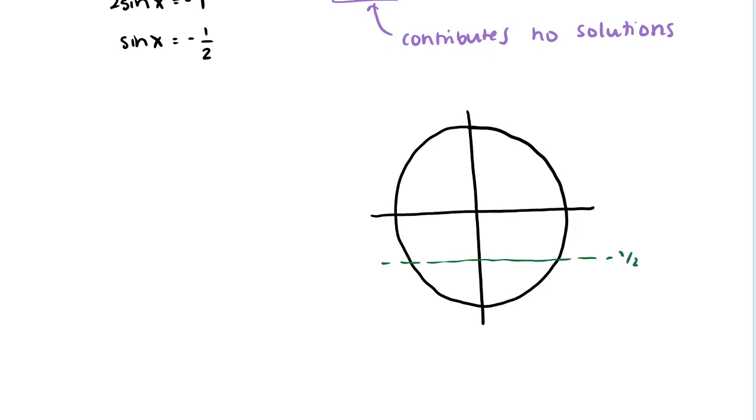Well, that corresponds to any angle that brings us to this position on the unit circle and any angle that brings us to this position on the unit circle. And so here I get one such angle at 7 pi over 6.